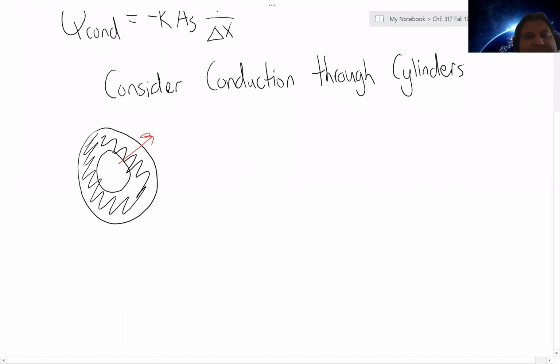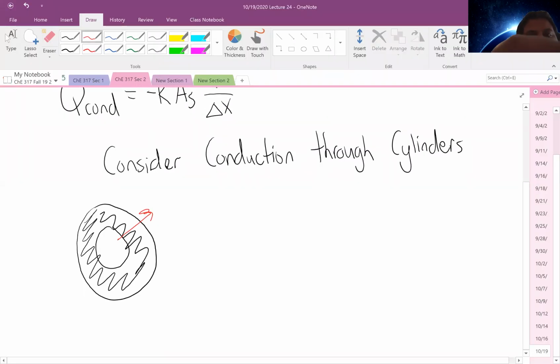It's a little different, primarily because the surface area at any point is changing as you move from either the inside to the outside of a cylinder or the outside to the inside of a cylinder, such that we can describe conduction or flux through a cylinder similarly to how we do for a regular rectangular object using rectangular coordinates.